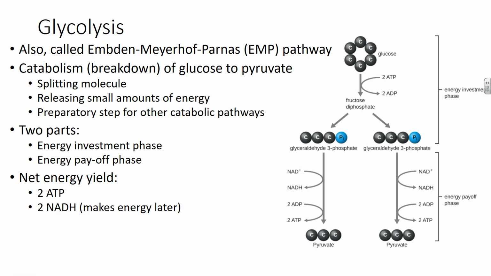The overall energy yield for this part of the metabolic process is 2 ATP, 2 went in, 4 came out, so we net 2 ATP, and we also get 2 NADH molecules that we can make energy from later.